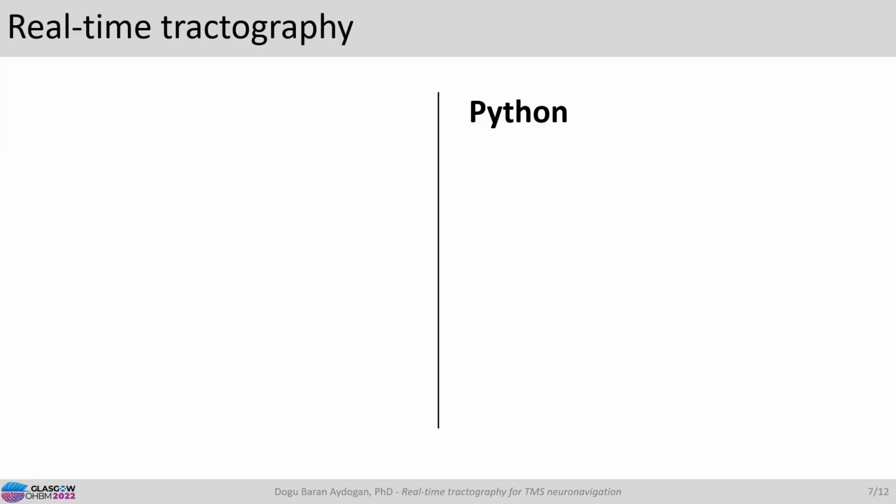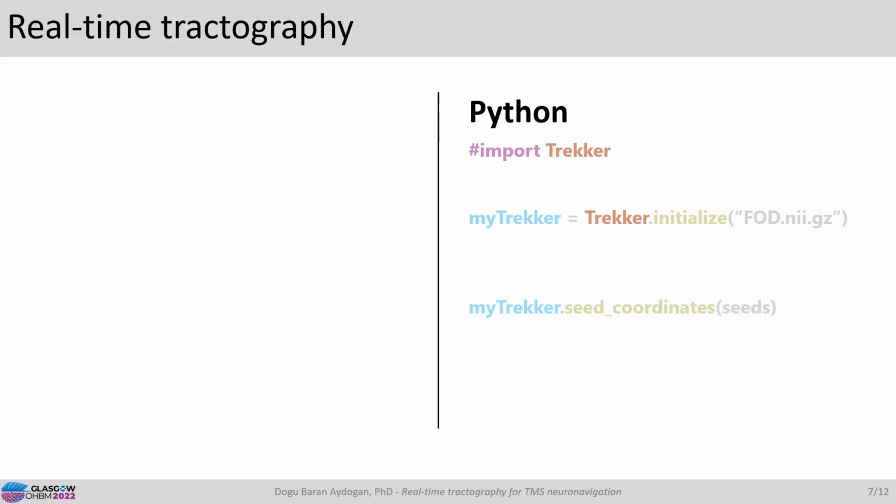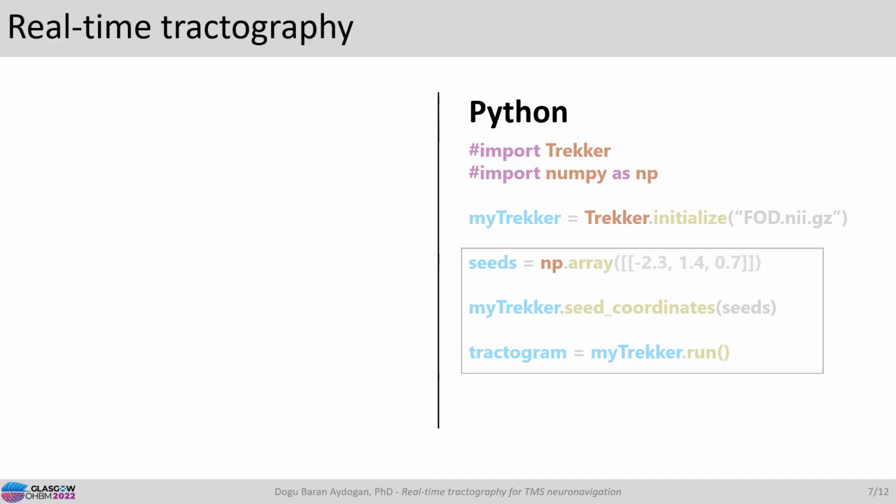In Python, what we do is to import a Tracker package, initialize it with one line with the FOD image, input seed coordinates, and run. The seed here is a basic NumPy array. That's basically all in its core. For real-time tractography, what we do is to set the seed points based on the information received from the neuronavigation system.